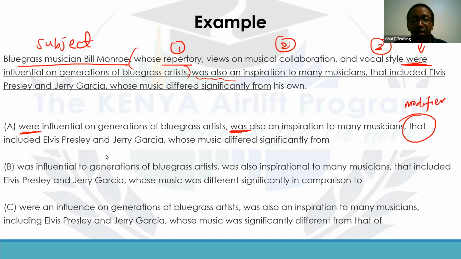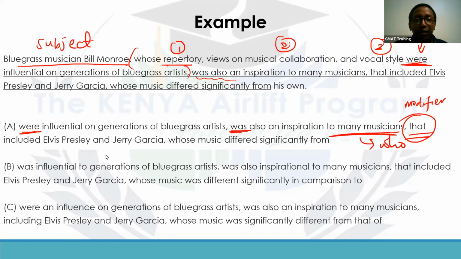What is it modifying? Many musicians. And of course, because many musicians are humans, you can't really use that. Unless maybe you could use "who included Elvis Presley and Jerry Garcia." So for that reason, again, see now there's the main subject, and then you can have other additional subjects inside the sentence.